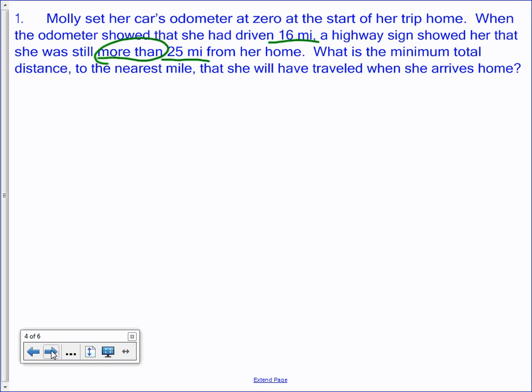Well, we're going to choose a variable, so we're going to do a let statement. We're going to let D equal the total distance in miles. So we got our let statement.